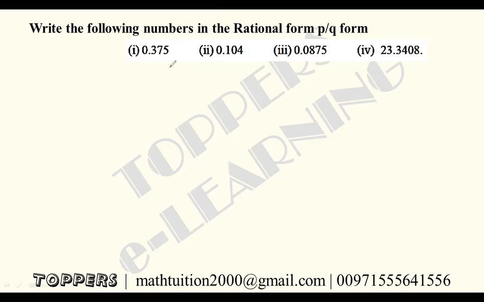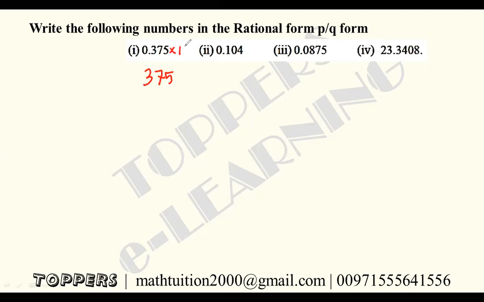Denominator also should be an integer. So easy method, move this decimal to the end. So we have to move 3 digits to the right, correct? If you are moving 3 digits to the right, it means you are multiplying by 1000, correct?